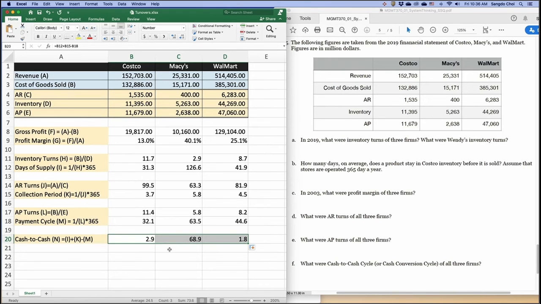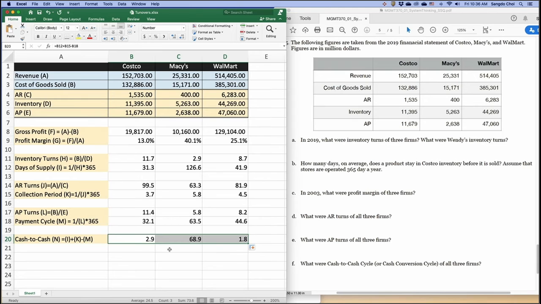Then finally, out of these, which company is best in terms of cash to cash cycle? Walmart and Costco. It doesn't take long to convert their product to sales, so their cash to cash cycle is very short. However, Macy's days of supply, or inventory days, is very long, so their cash to cash cycle is very long. That means they need almost 70 days to get cash before they pay.